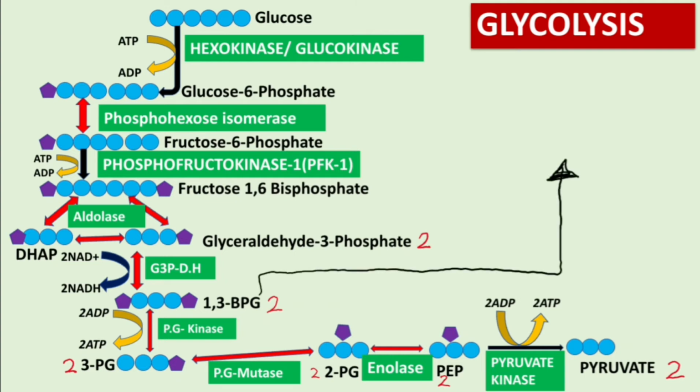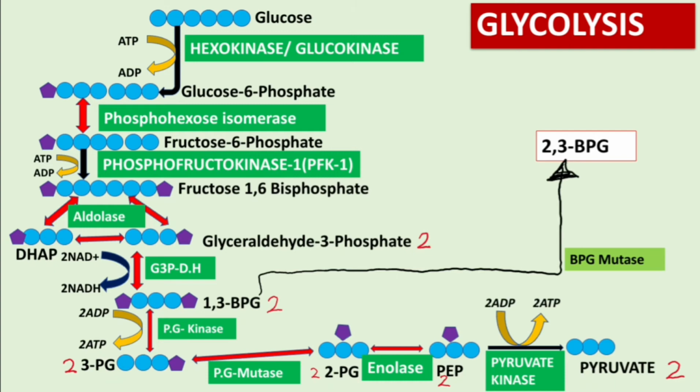So there is this molecule called 1,3-bisphosphoglycerate. It can be converted into a molecule called 2,3-bisphosphoglycerate. In hemoglobin, if you remember, you have this molecule. The conversion from 1,3-bisphosphoglycerate to 2,3-bisphosphoglycerate is through a bisphosphoglycerate mutase.